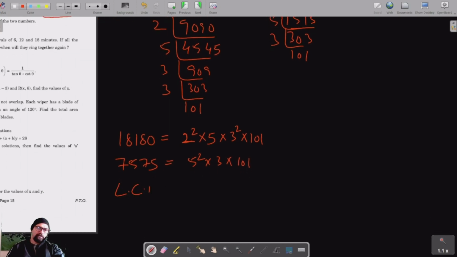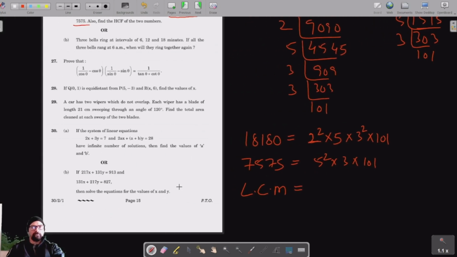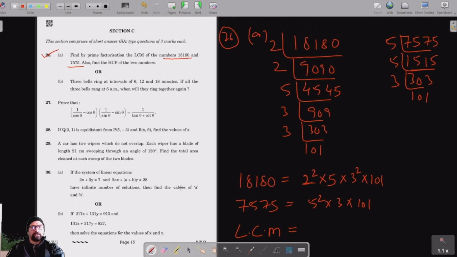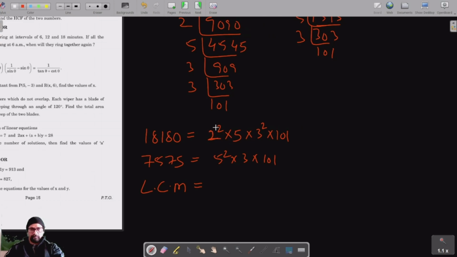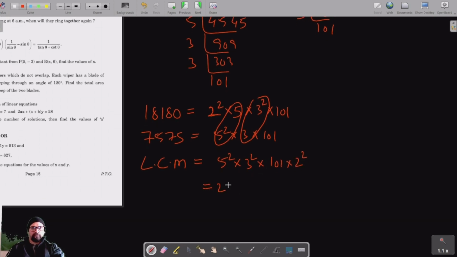Now let's find the LCM, and also find the HCF. So LCM is, between 5 square and 5, it's 5 square, for 3 square and 3 it's 3 square, 101, and 2 square. So 5 square is 25 into 9 into 101 into 4.